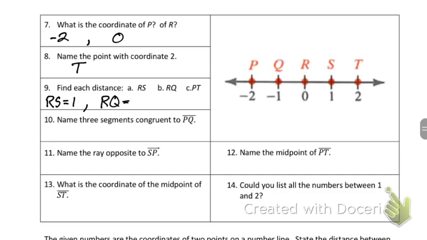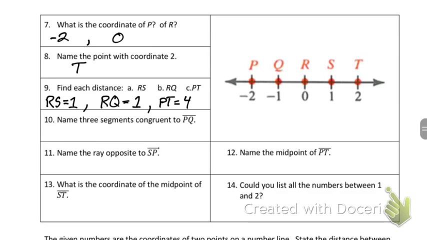Why isn't it negative 1? Because it's always absolute value. Distance is always positive. So even though RS is 1, RQ can also be 1. It doesn't matter which direction you're going, you're just counting that distance. What's the distance to PT? 4.